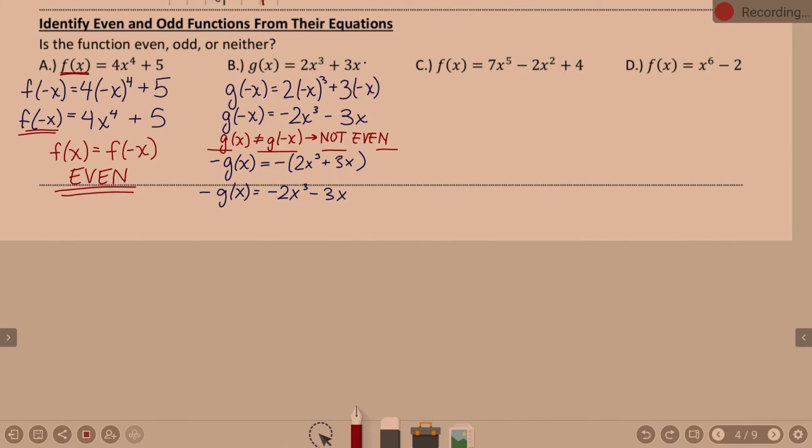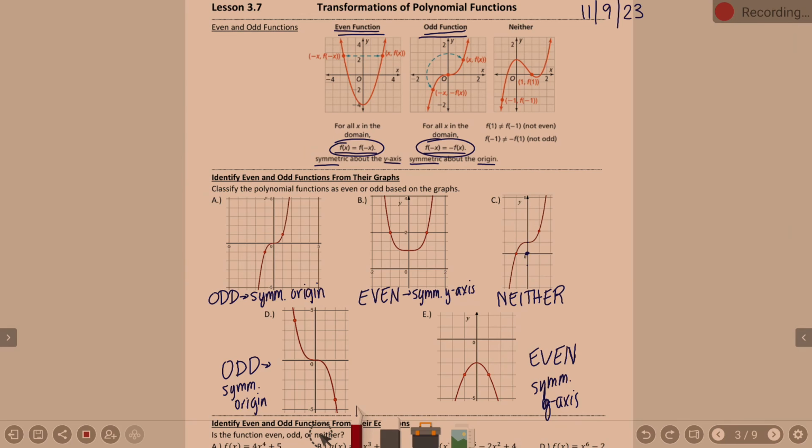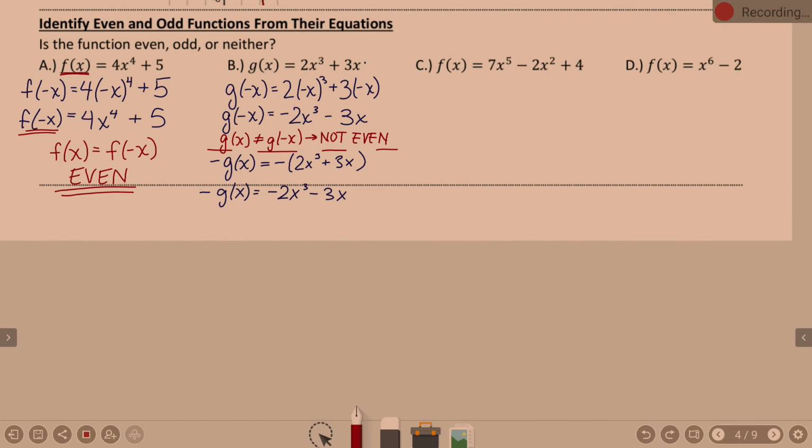What am I supposed to be comparing negative g of x to? Yeah, if you go back up here, in order to be odd, we have to look at, and this is stated, f of negative x equals negative f of x. So does the original matter? The original doesn't matter. I want to know about g of negative x and negative g of x.